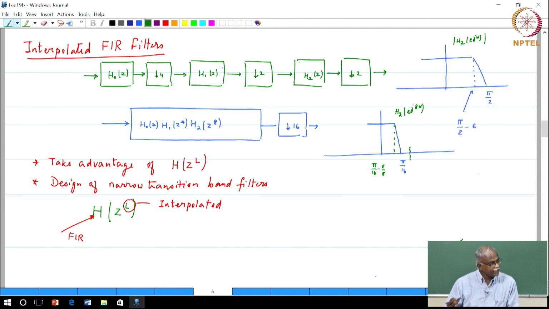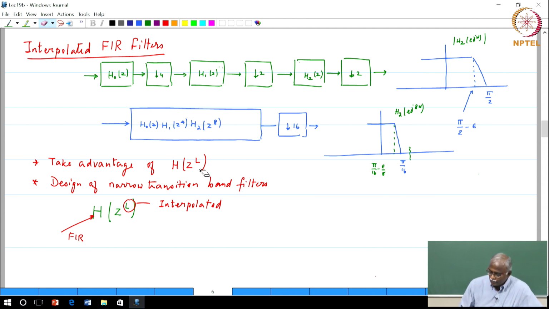Any practical filter will have a finite transition band, and this is a way to take advantage of that, but it will generate images that we have to get rid of. Therefore, the concept is that you will take advantage of the interpolation to get the sharp transitions and then introduce an additional filter.